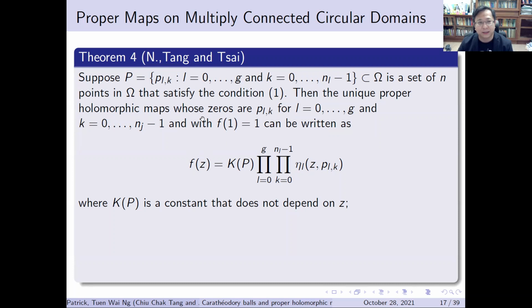So here is the result. p would eventually be the zero set, and we have n zeros, but we are going to group them according to the boundary circle. So each of them will be associated with a boundary circle. So p_{l,k} would be the zeros, and l would be from 0 to g, and k would be from 0 to n_l.